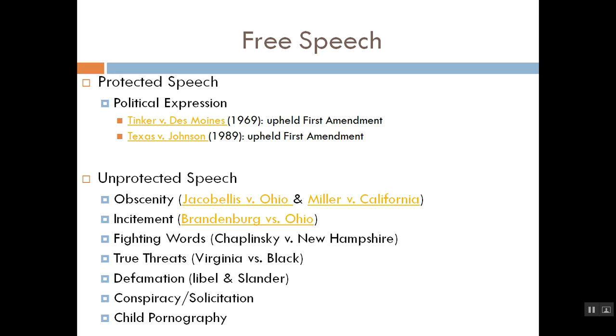Now, it seems pretty clear to us that putting pornography in people's mailboxes is obscene. And the court recognizes that. They say, yes, this is obscene, and therefore it's not protected. So no, nobody's free speech has been violated. Okay? But the important thing to remember about Miller versus California is that it gives us the Miller test.